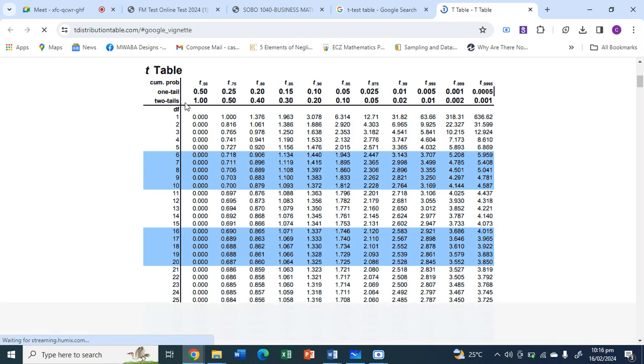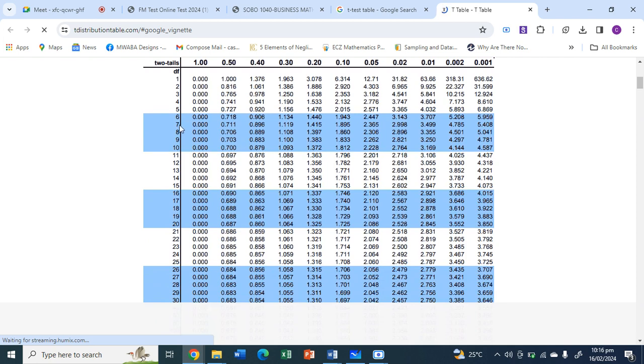Yes, you come here: two tails, 0.05, degrees of freedom 7. Where they intersect, I don't know how to zoom on this, but I'll send you a copy of this table. Where the degrees of freedom of 7 intersects with the significance level of 0.05, we get a value of 2.365.